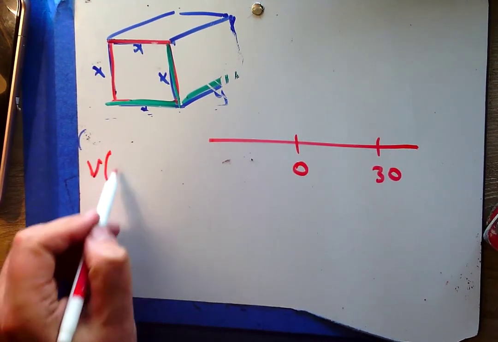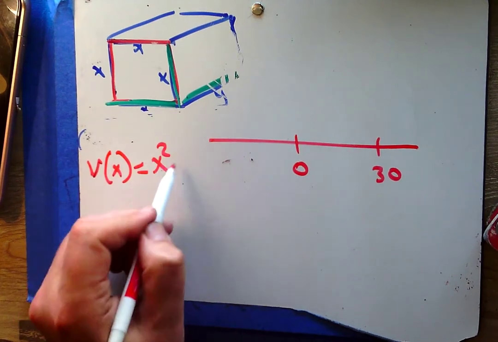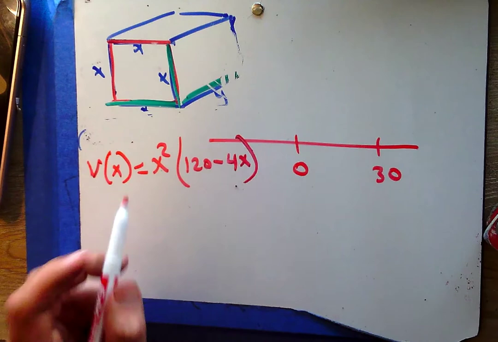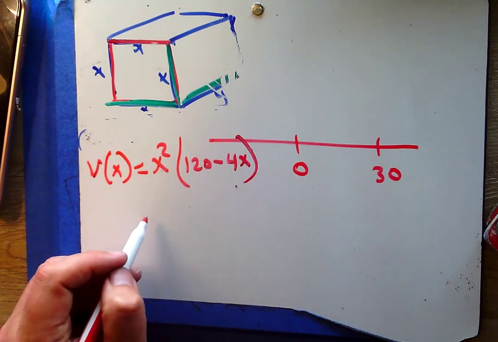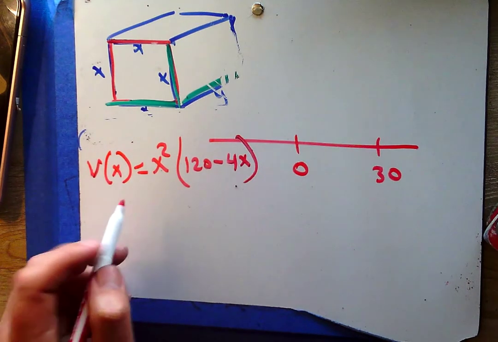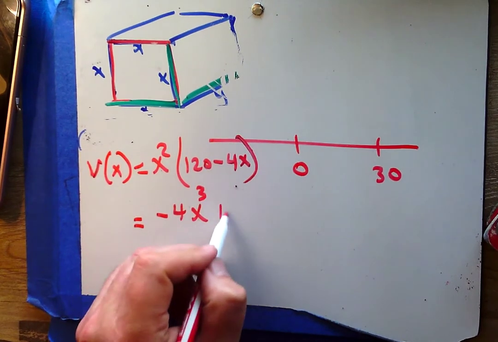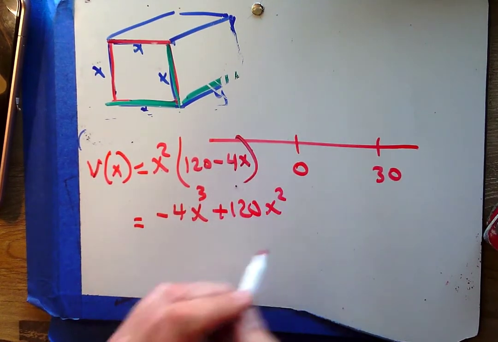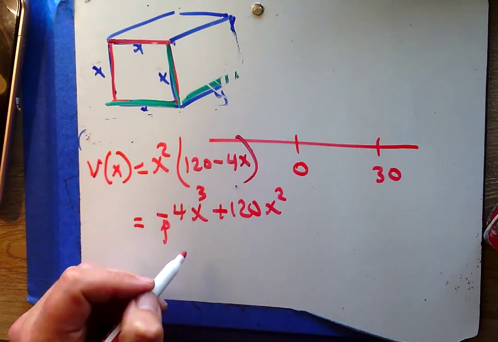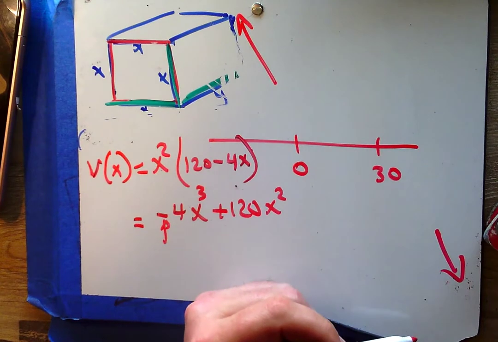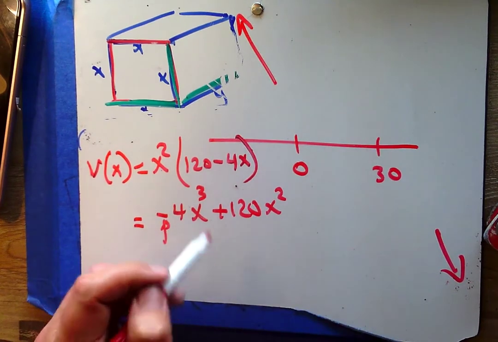We had volume as a function of x equals x squared times 120 minus 4x. Now tell me, if you distribute, do you have a positive leading coefficient or a negative leading coefficient? Well, I see negative 4x to the third plus 120x squared. I have a negative leading coefficient, so I have to start up here and end up going down there, because I have a negative x to the third.